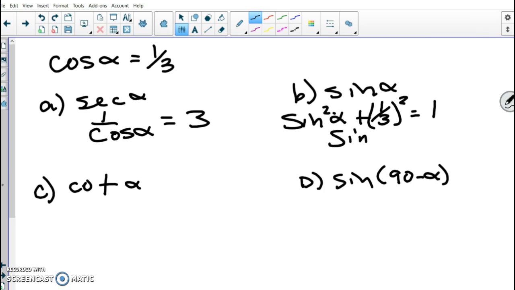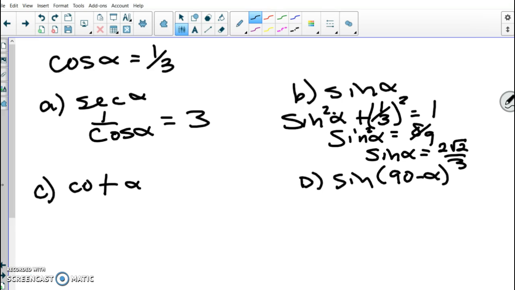We get sine squared alpha. We're going to square 1/3 and subtract it from both sides. So 1 minus 1/9 is 8/9. And we get sine squared alpha is equal to 8/9. Taking the square root of both sides, sine alpha is equal to the square root of 8 over 9, which is simply 2 square roots of 2 over 3.